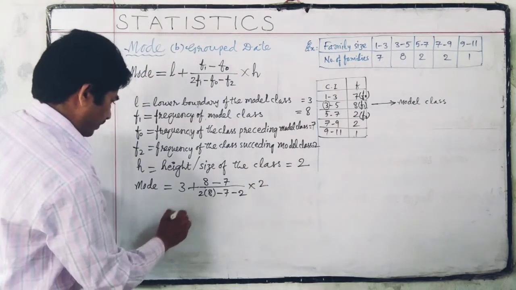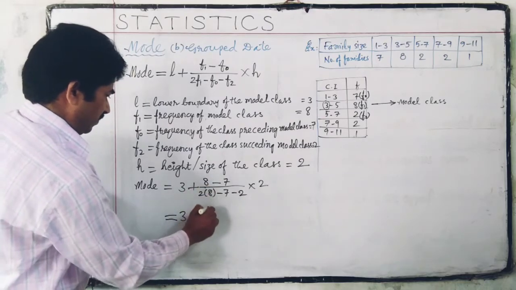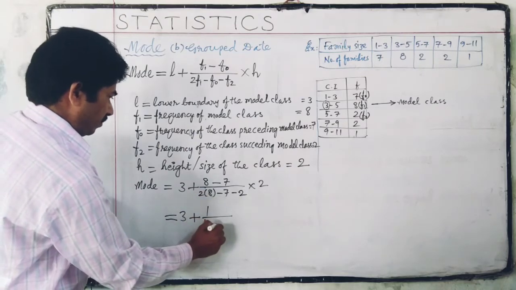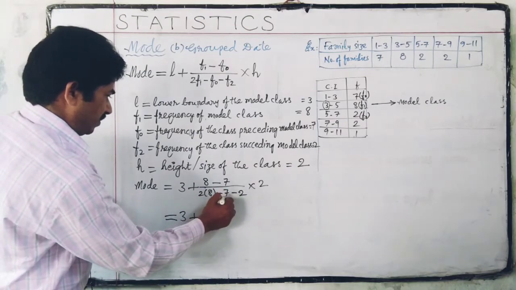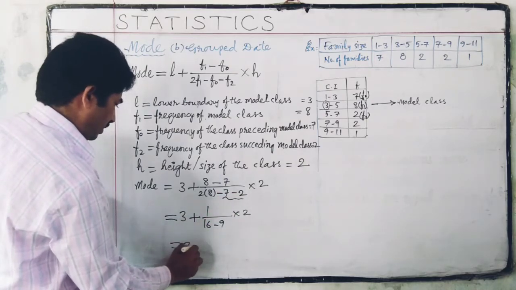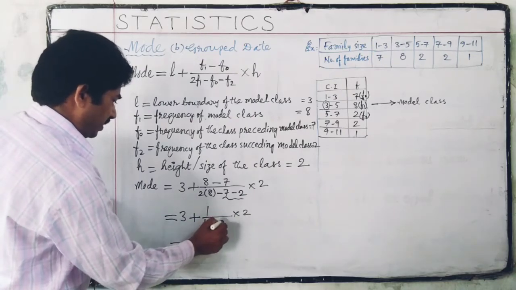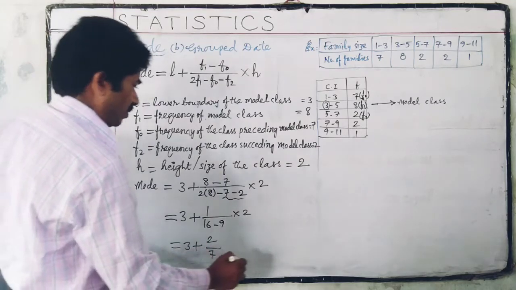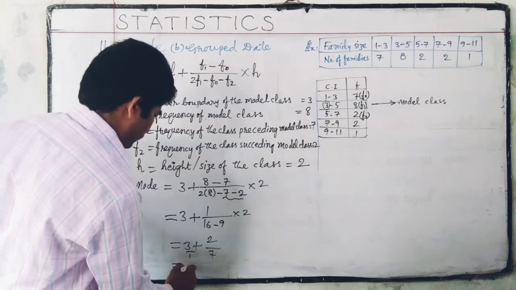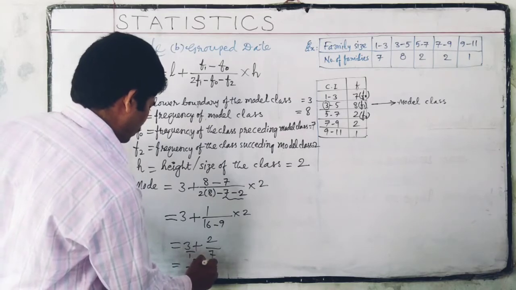We have to simplify this. 3 plus 8 minus 7, 1, by 2 times 8 is 16 minus 7 minus 2, that is 9, into 2, is equal to 3 plus 1 into 2 is 2 by 16 minus 9, 7. We have to simplify this. Here LCM 7, 7 times 3 is 21 plus 1 into 2 is 2, 23.